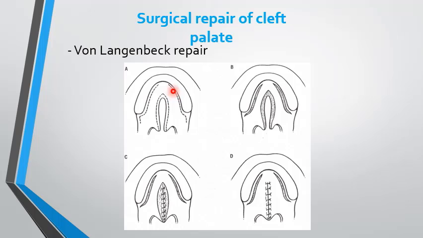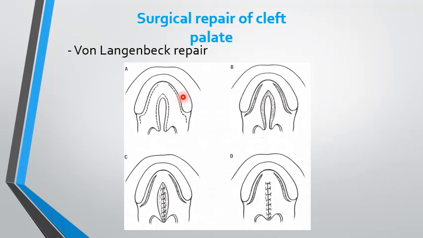Then we dissect this tissue under the periosteum to create mucoperiosteal flaps on the right side and on the left side. These flaps are connected to the bone anteriorly and posteriorly, so they are called a bipedicled flap because they have a posterior pedicle and an anterior pedicle. They are not completely separated, they are only separated from both sides.